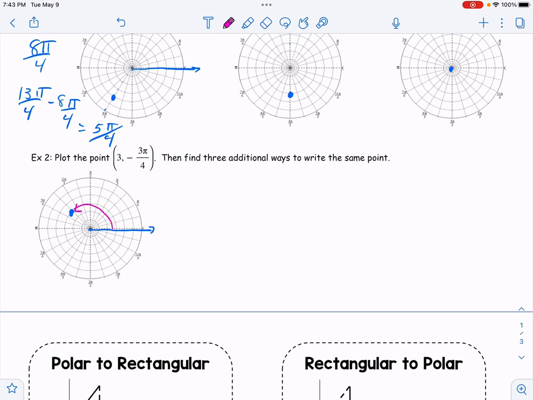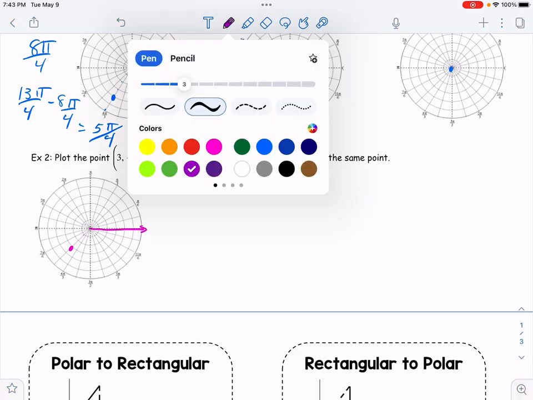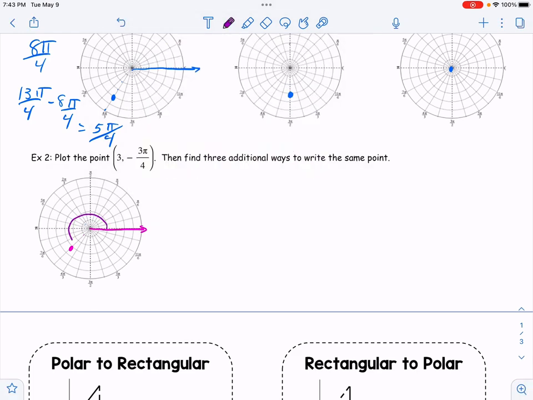Oh, you know what? I did that wrong. Let me start over. Okay, here we go. Negative 3 pi over 4 puts me down here. 1, 2, 3. Right? Now I could have gone this way and had 5 pi over 4 and 3.